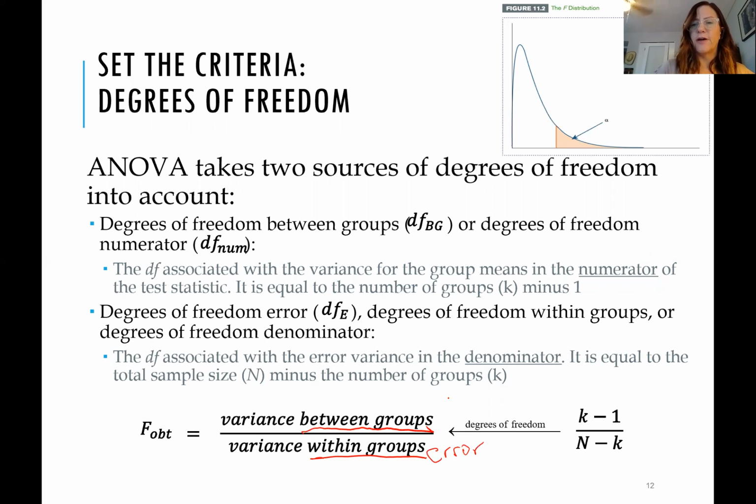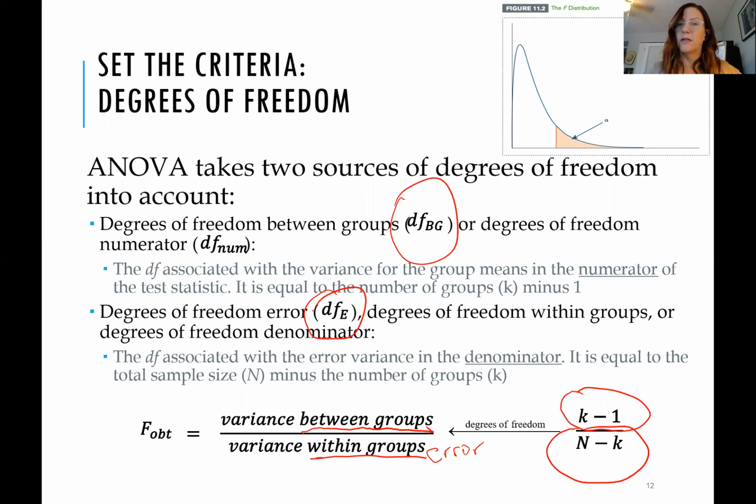We have 2 different degrees of freedom that we need to use. In the numerator, we use the degrees of freedom between groups, and that is K minus 1. And then in the denominator, it's capital N minus K, and that's the degrees of freedom error.